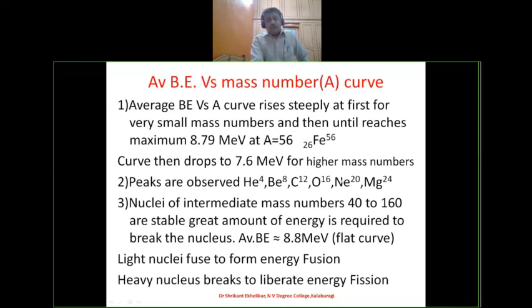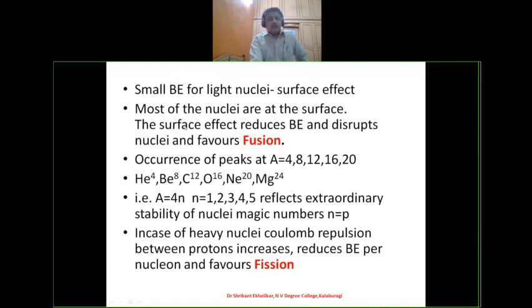So the significance of these, that is helium 4, 8, 12, 16, 20, 24. The very interesting thing is the occurrence of peaks at mass numbers 4, 8, 12, 16, 20. If you check, I will take the first example, helium 4.